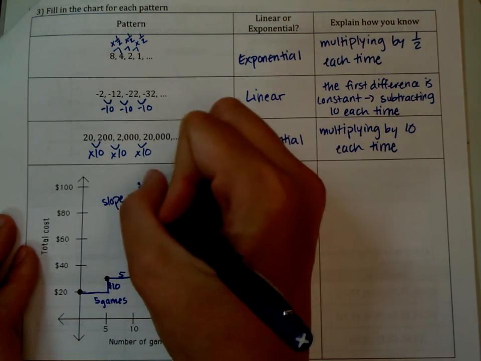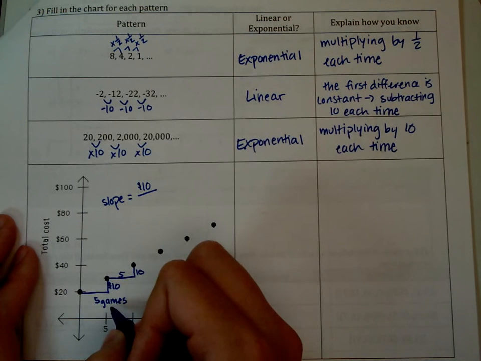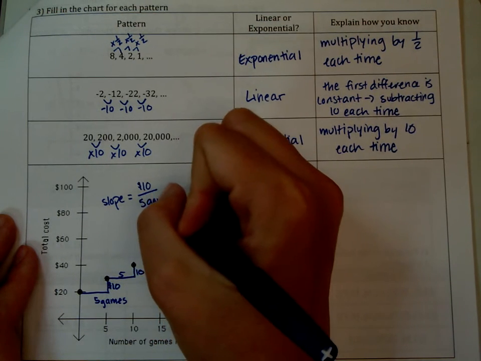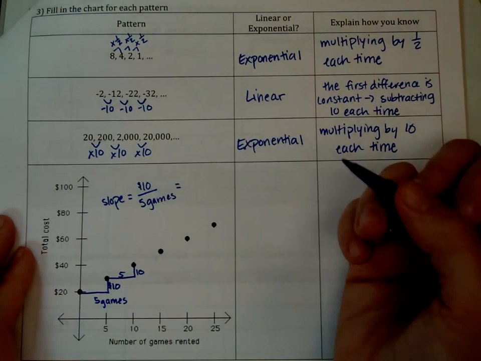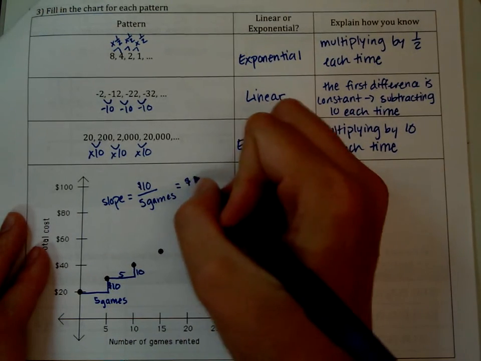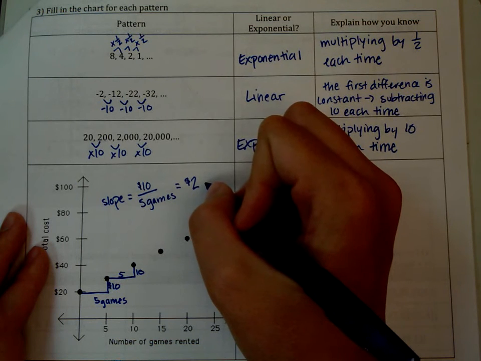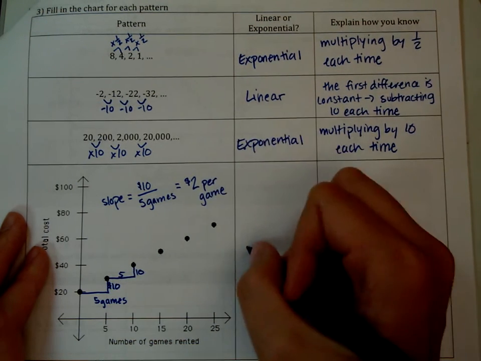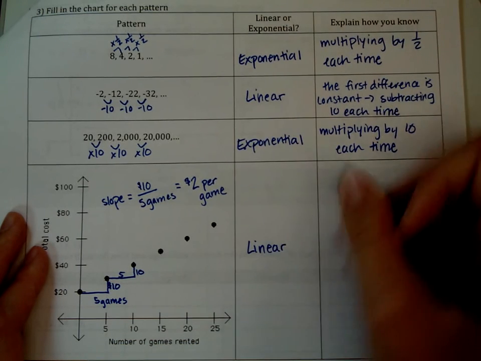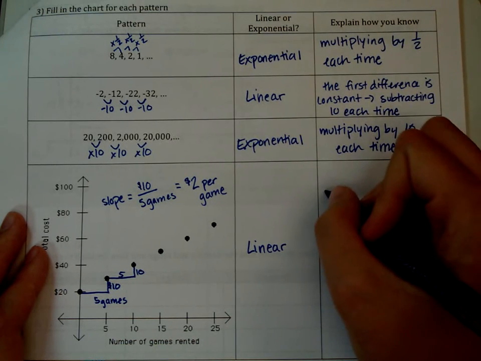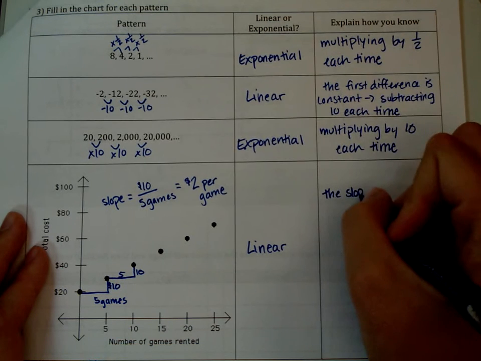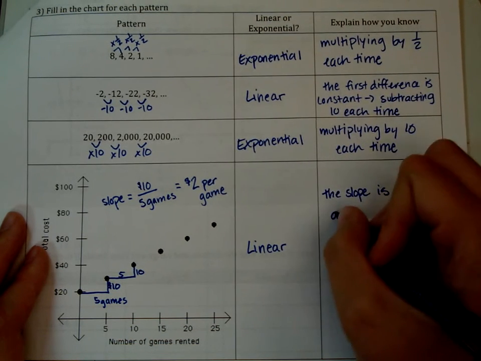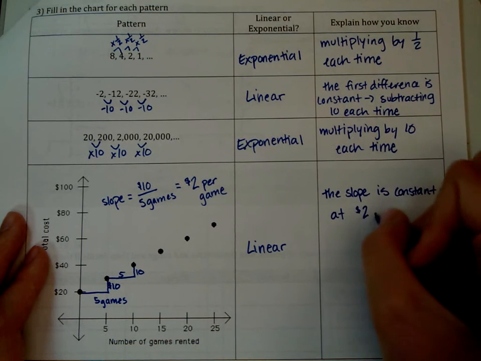So that's $10 over the change in x, which is 5 games. So 10 divided by 5 is $2 per game. So this is linear because the slope is the same. The slope is constant at $2 per game.